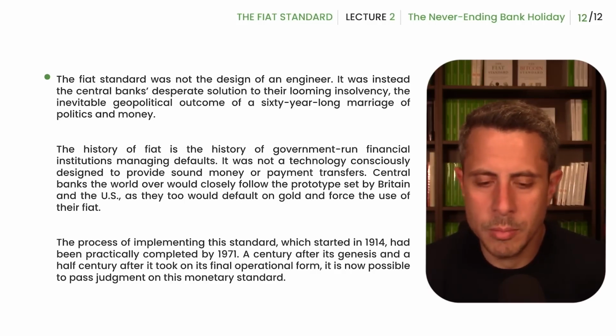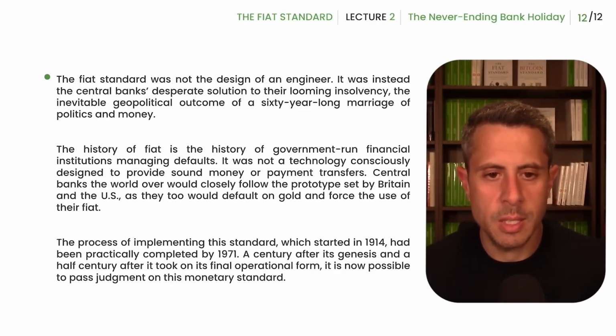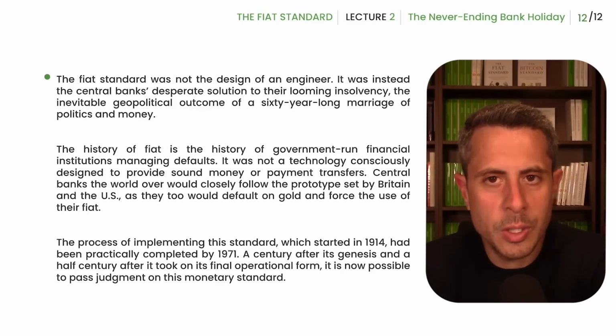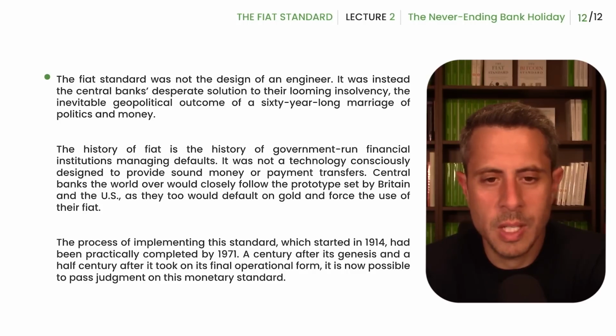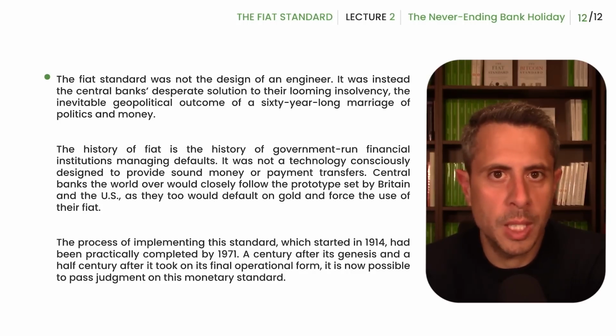It's presented as though some geniuses, Keynes and a bunch of others, around the early 20th century figured out that gold was extremely inefficient because it's extremely expensive and you can't print it. And now if we just have the government print money, then this would be a much better idea.